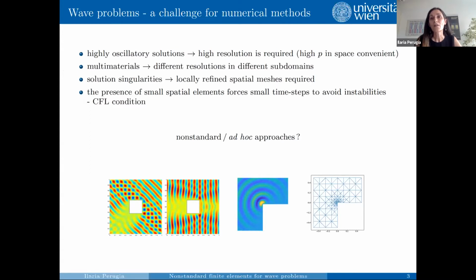And once you have corner singularities or solution singularities, you might want to use very fine meshes close to these singularities. And then when you combine the space discretization and the time discretization, when you have very small spatial elements in some parts of the domain, then to avoid instabilities, you have to take very small time steps everywhere.